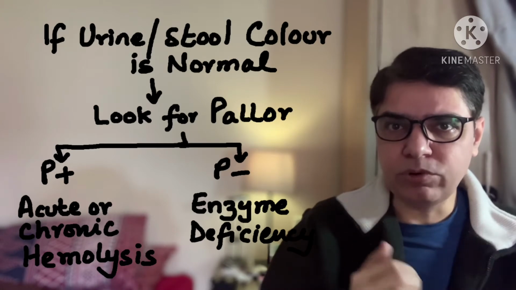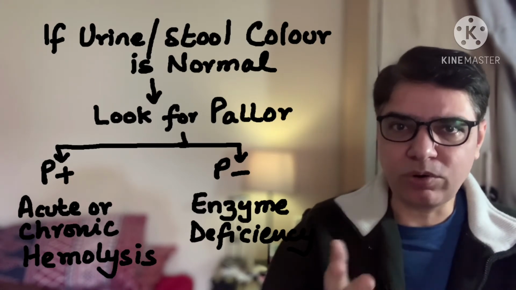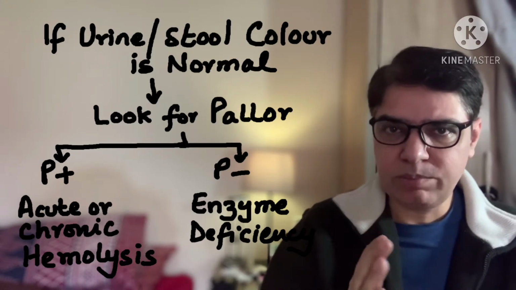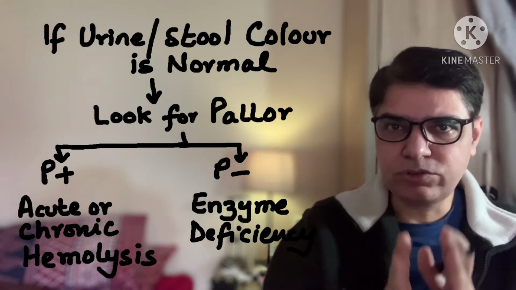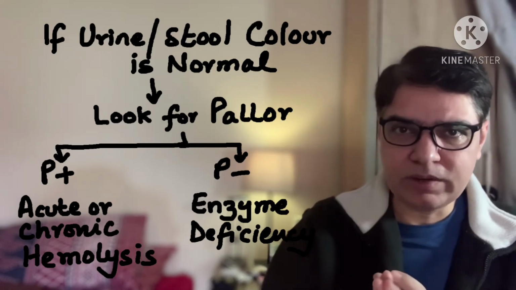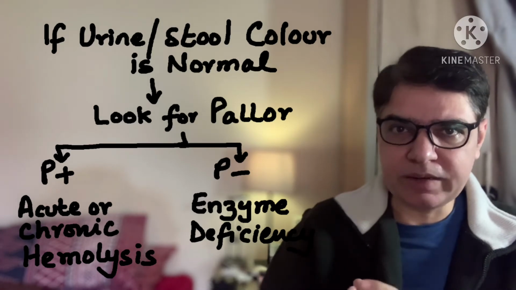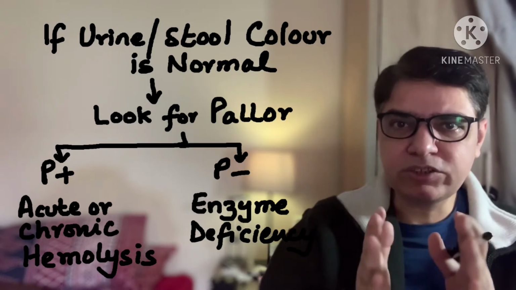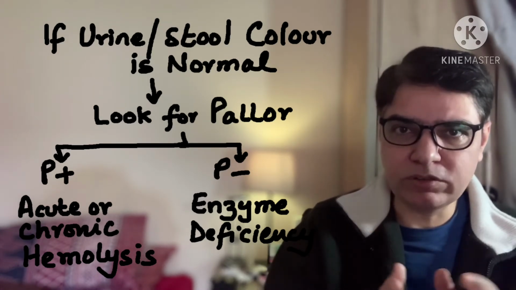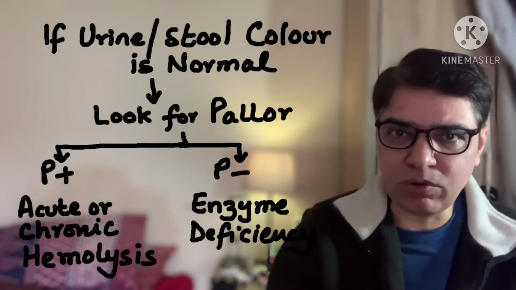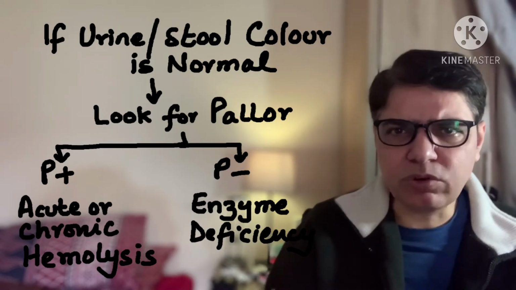If the urine and stool color is normal, then remember the next step would be to look whether the child is pale or not. Because if the stool and urine are normal and the child is pale, then it probably means that the child has hemolytic jaundice. So there is some hemolytic process going on that is causing jaundice.